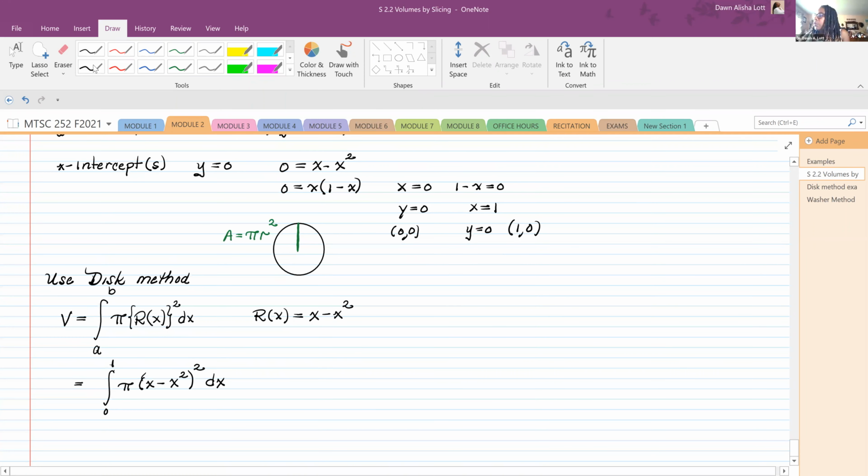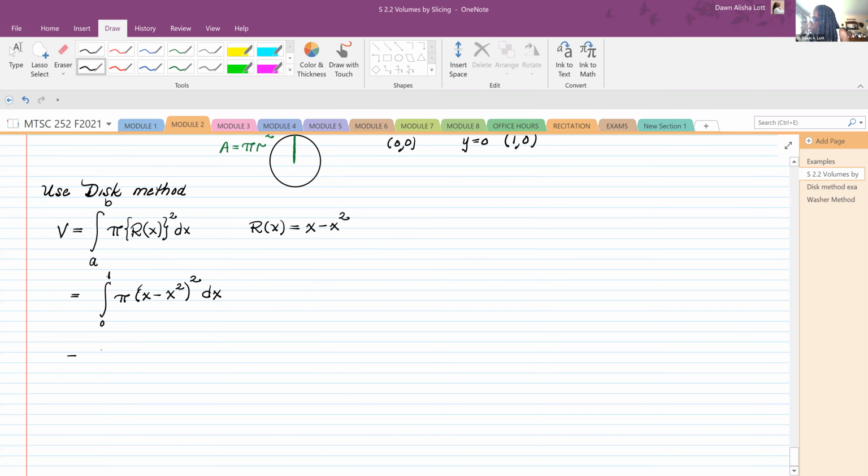All right, so now this is simple. This is just the integral from 0 to 1. I'll put my pi out here. This becomes x squared minus 2x cubed plus x to the 4th dx.